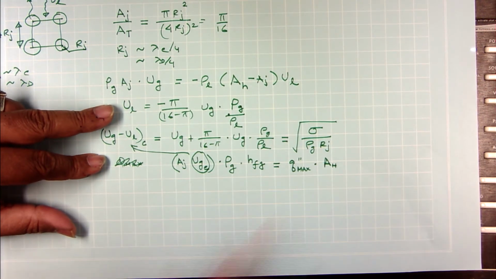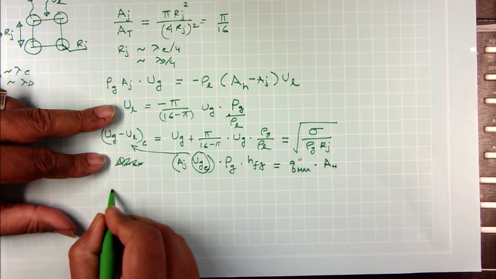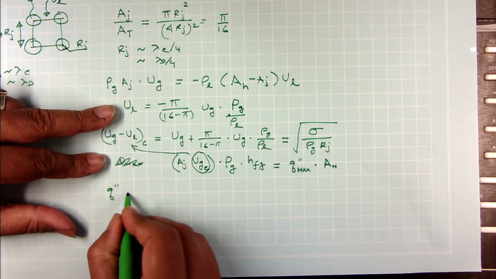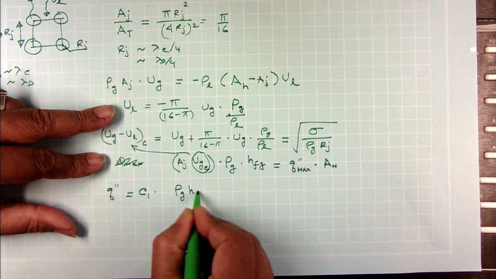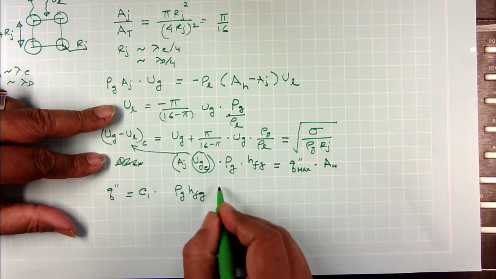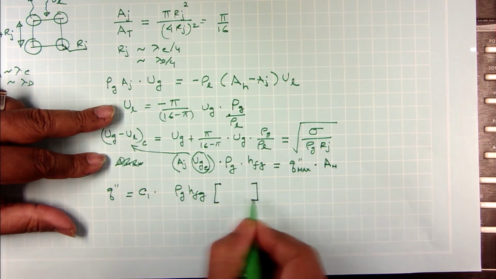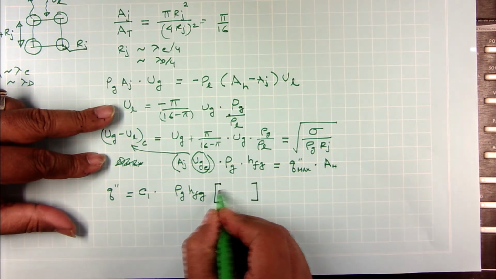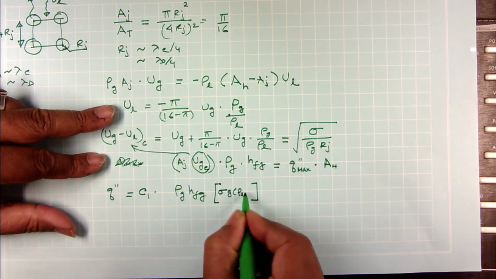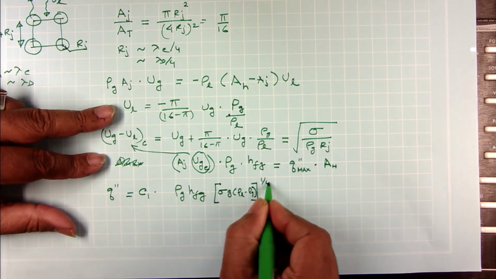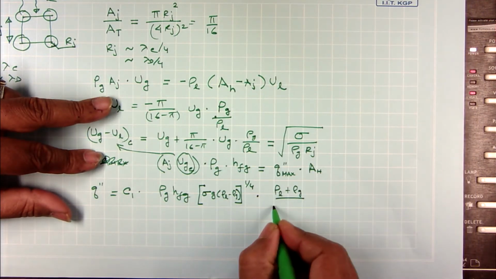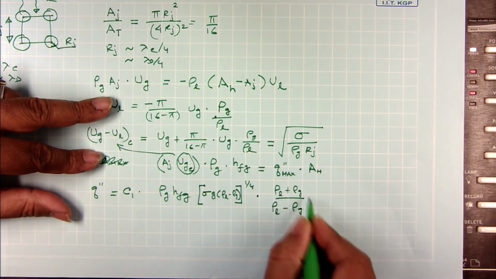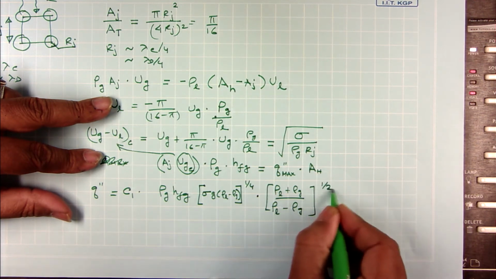and try to do this calculation, I will end up with a Q double prime that looks like a constant times rho G HFG times sigma times G times rho L minus rho G to the 1/4 power, and then you get a rho L plus rho G divided by rho L minus rho G to the power of half.